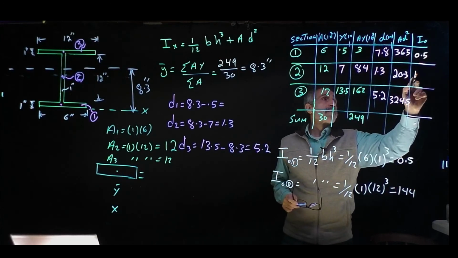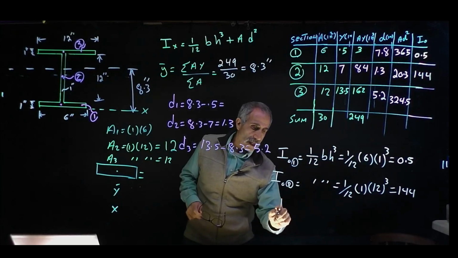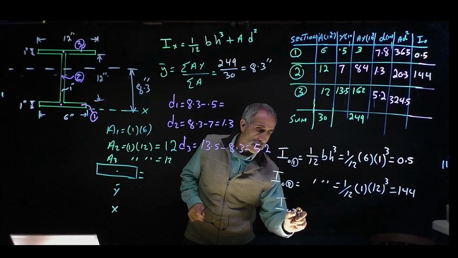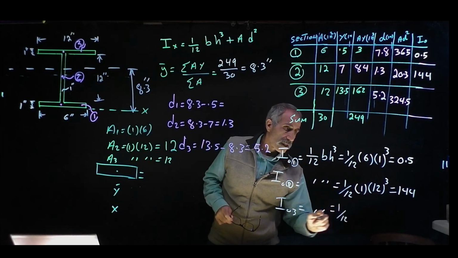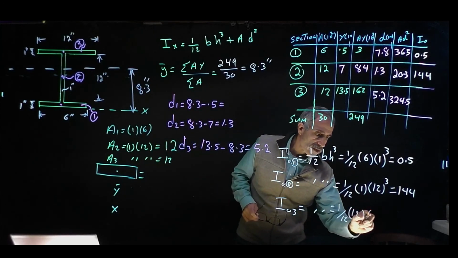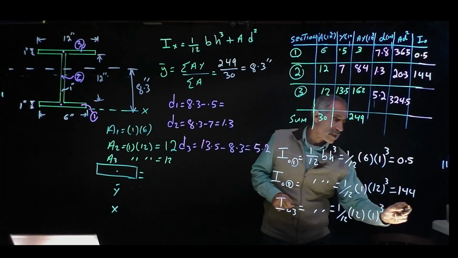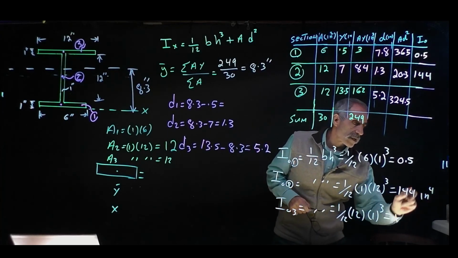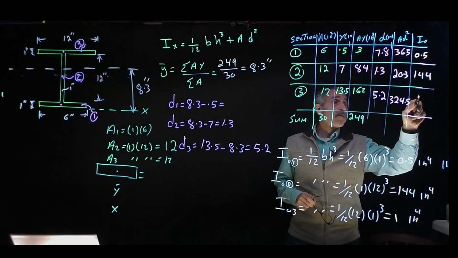So I have 144 here. I'll continue to do the same thing. I0 for shape 3 is 1/12, B is 12, and H is 1 cubed, and that comes out to 1. These are inches to the power 4, by the way, so this becomes 1.